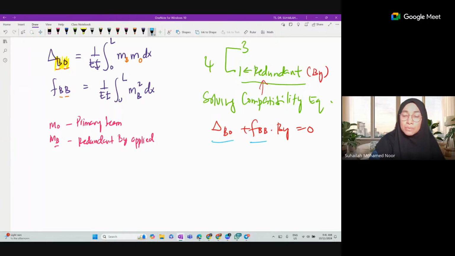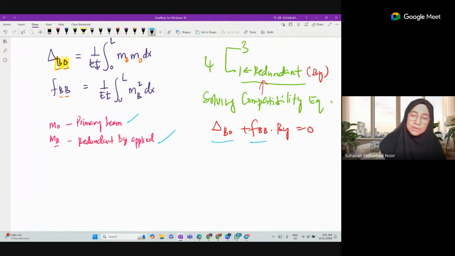The formula to solve delta B naught and FBB is actually by integrating the moment equation from two systems. The first system is the primary system, the primary beam. The second system is the redundant beam, with redundant By applied.